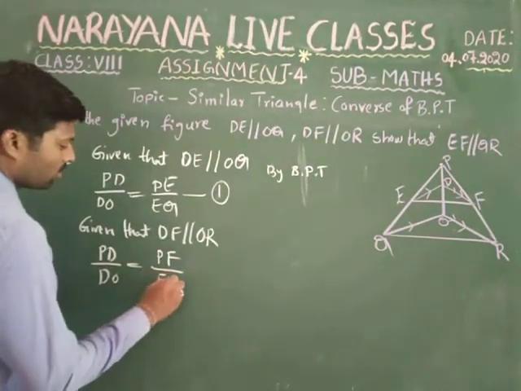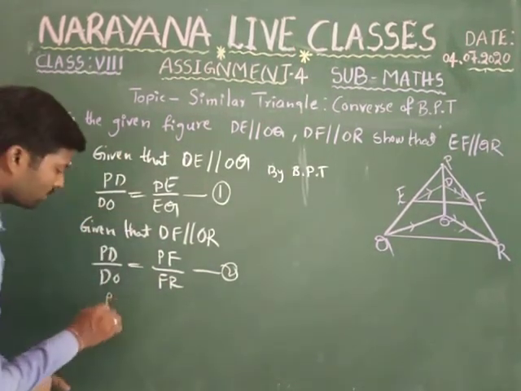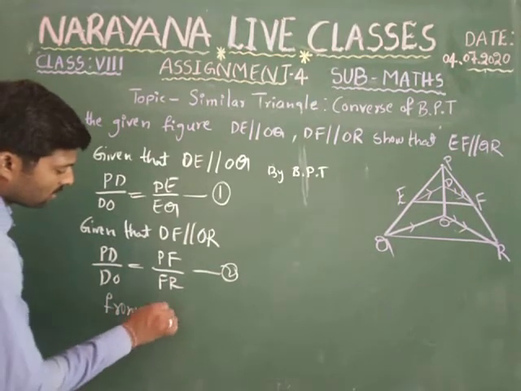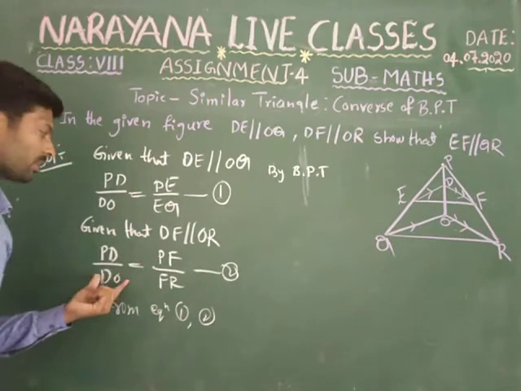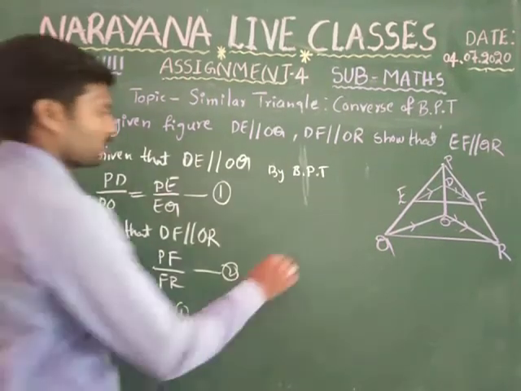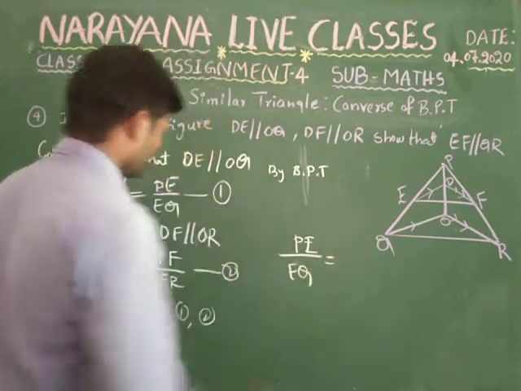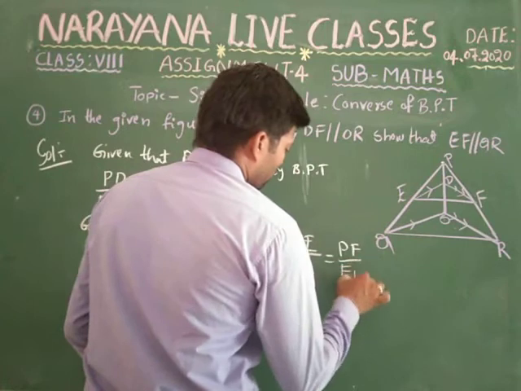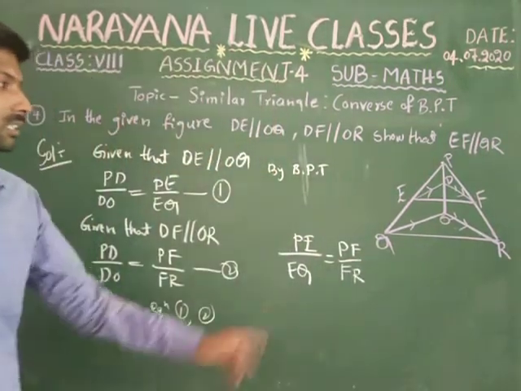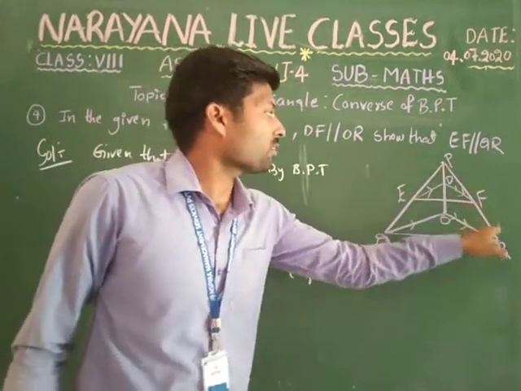Let's take it as equation 2. From equations 1 and 2, both LHS parts are equal, so I can equate their RHS parts, that is PE by EQ is equal to PF by FR.